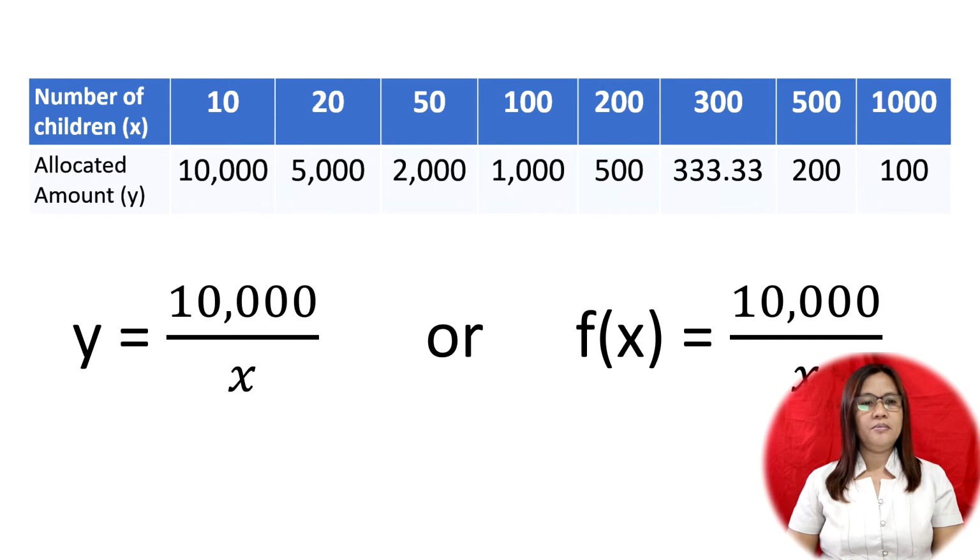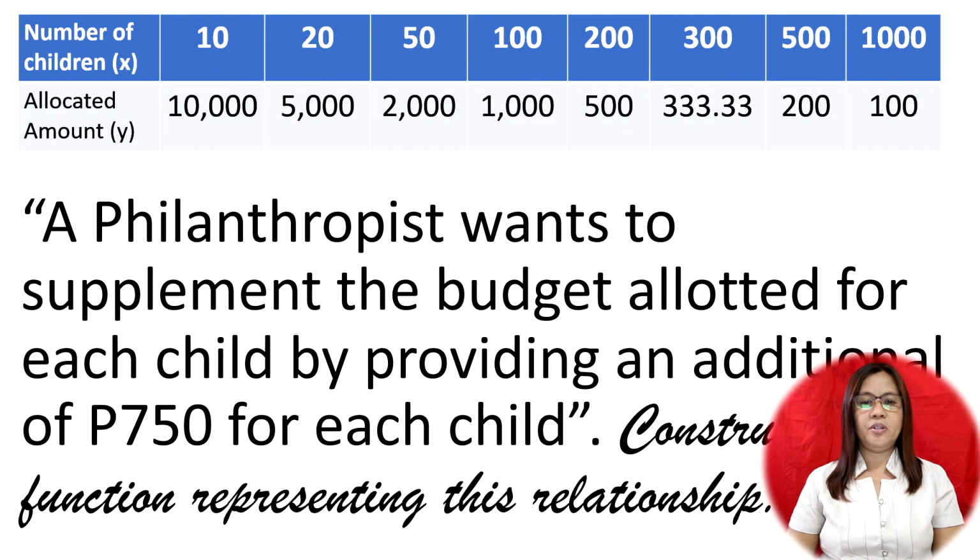What about if a philanthropist wants to supplement the budget allotted for each child by providing an additional 750 pesos for each child? Construct a function representing this relationship. So we have here the number of children for x and the allotted amount for y.